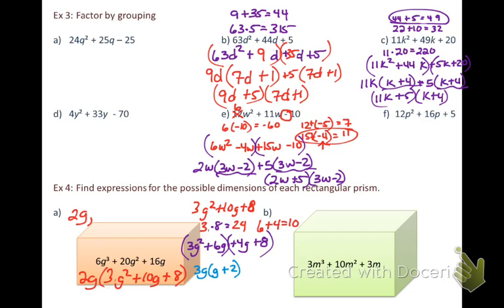And then 4 can go into both, and that would be g plus 2 also. So here we go. Miss Carson's just having a hard day. So it would be 3g plus 4 and g plus 2. And there's your answers.